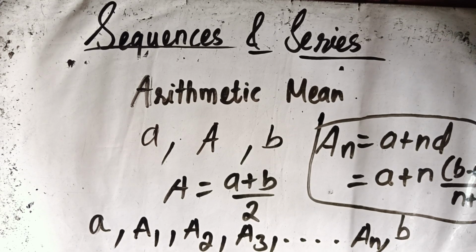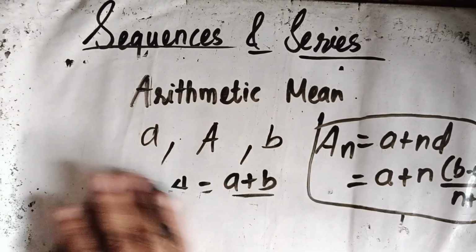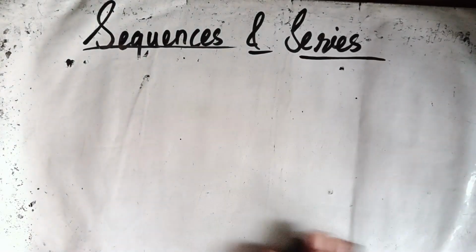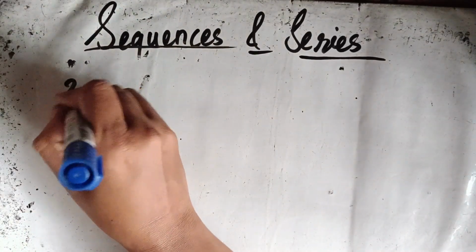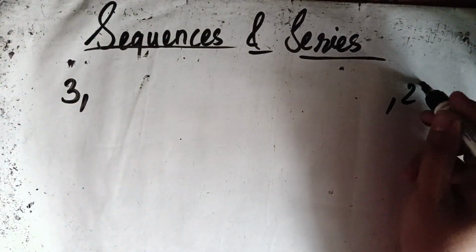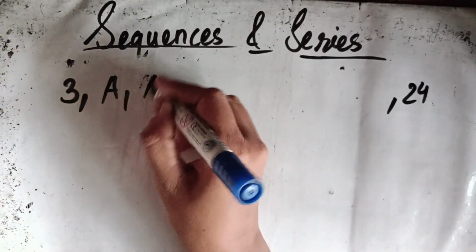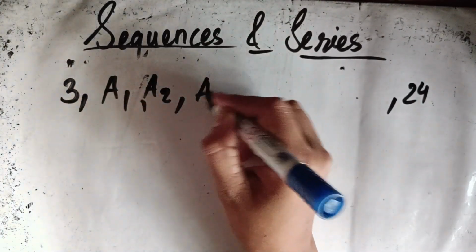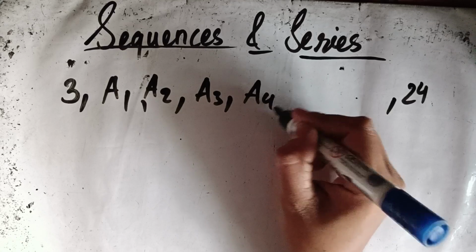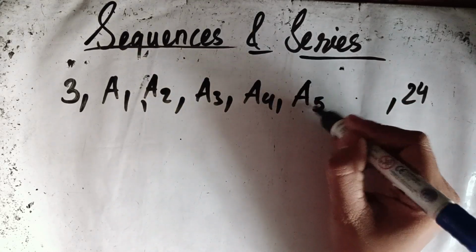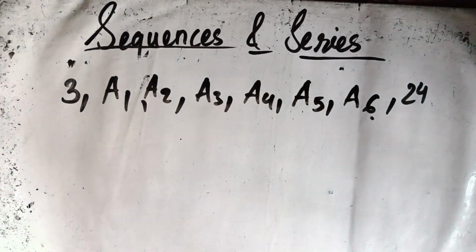So there is a question: insert 6 numbers between 3 and 24 such that the resulting sequence is an AP. So we have to put 6 numbers in between 3 and 24: A1, A2, A3, A4, A5 and A6.